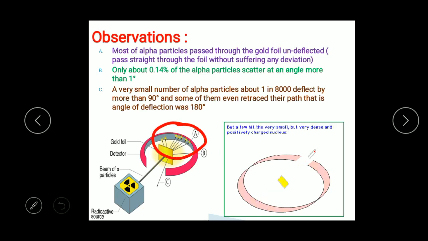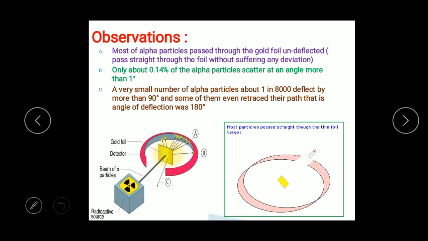In this way it is observed. So these rays pass without any deviation. Only about 0.14% of the alpha particles are scattered at an angle greater than 1 degree. So these rays are shown here.